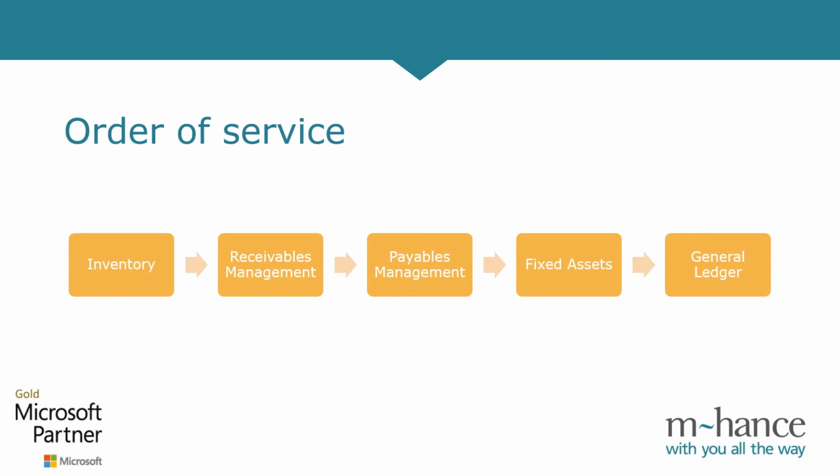With regards to the modules that we've got on the screen in front of you, the inventory module is probably the least transactional posting, because most of the transactions that go through that are via the sales ledger or the purchase ledger. So that's the reason why it's first in the list. You're then working your way through receivables management and payables management, through to fixed assets, and then finally the general ledger close.